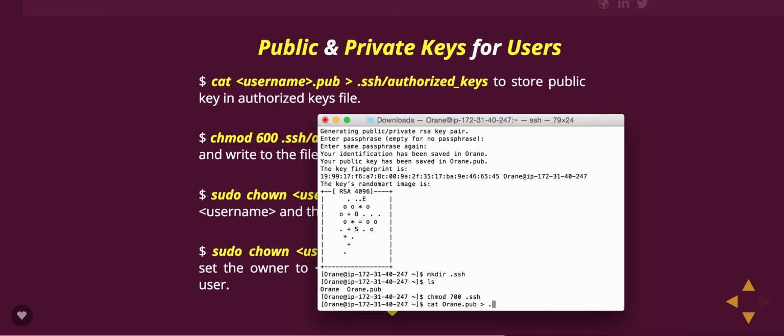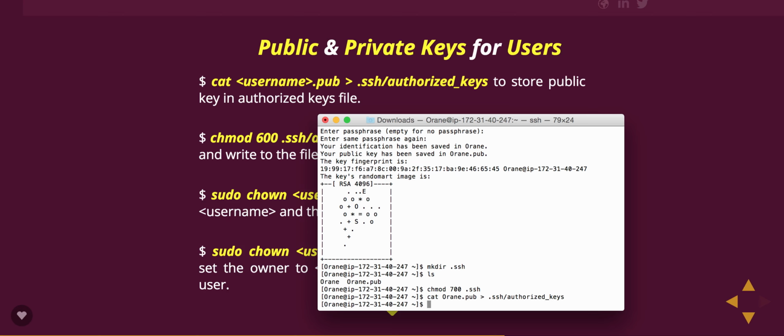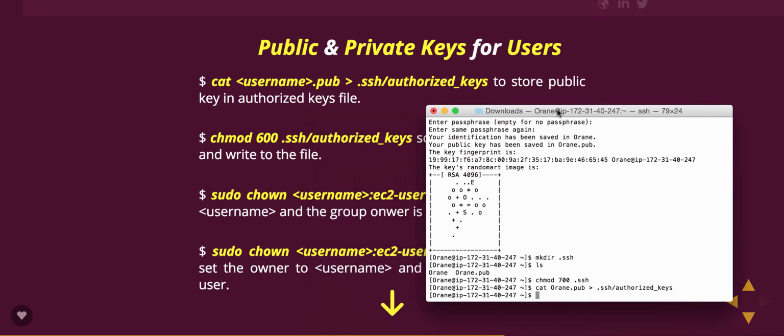So it is actually taking the output of that command and putting it to this file right here, which we are creating in the process. Authorized keys. I hope that is spelled right. So let's just run that.